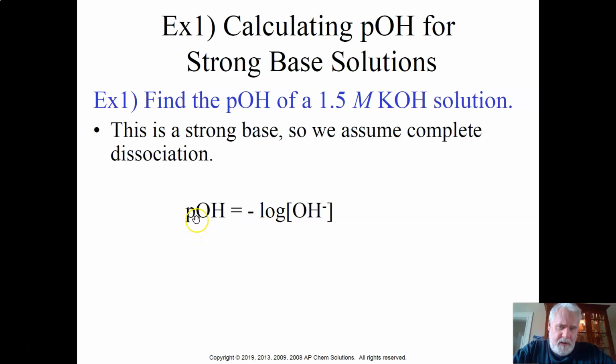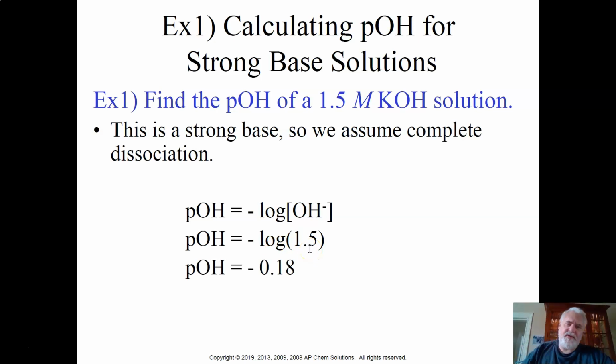So our equation, pOH equals negative log of the OH minus concentration. All you got to do is plug that in and run that on your calculator, and you will see that turns out to be a positive number when you do log of 1.5, and so you got to leave that negative sign on there.